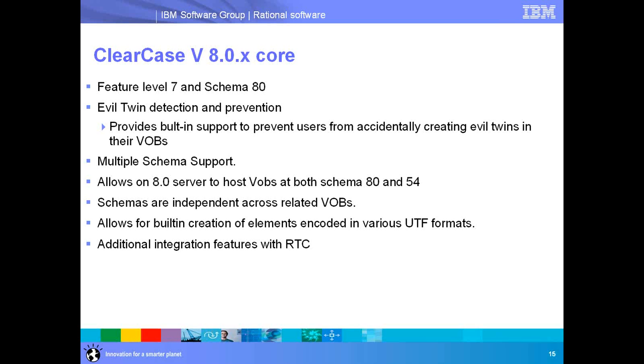So you would need some time. In 8.0, there is no constraint for you, because 8.0 would support both schema 80 and schema 54 WOBs. So once you upgrade, you can take your time, plan your downtime, and then properly reformat your WOB and increase the schema level from 54 to 80.